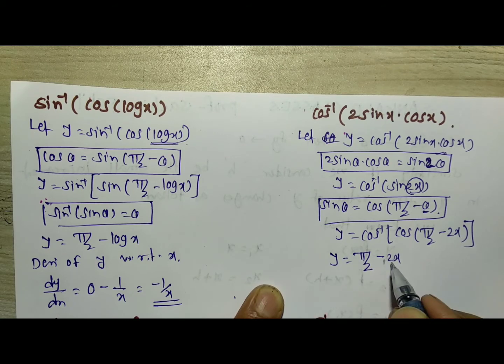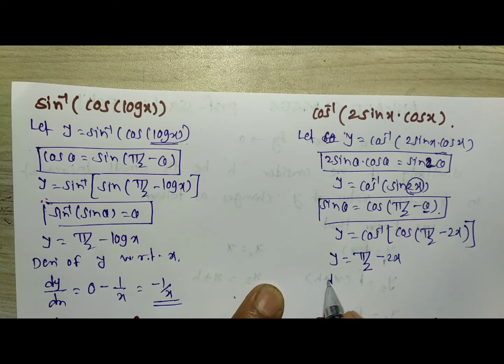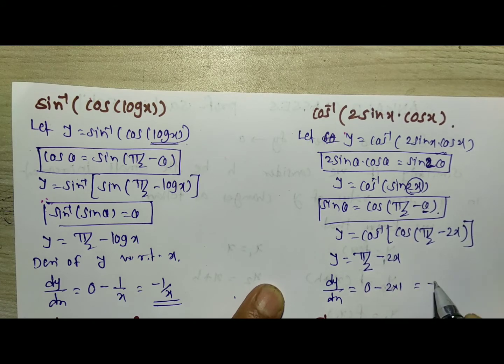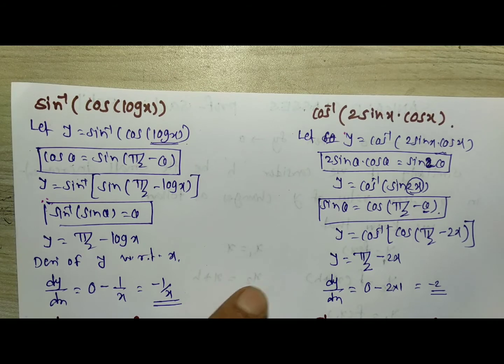Cos inverse and cos cancel each other, giving pi by 2 minus 2x. y is a function of x, and therefore the derivative of y with respect to x, dy by dx, is equal to pi by 2 having derivative 0, minus 2, which is a constant, times the derivative of x, which is 1, and therefore it is minus 2.